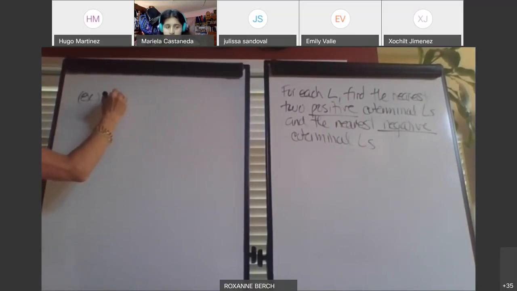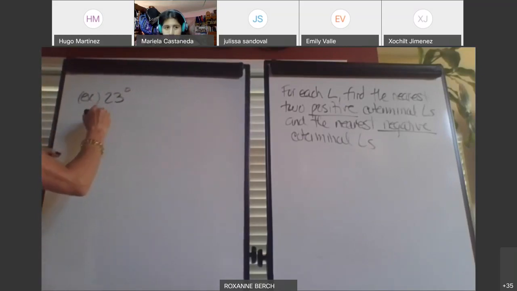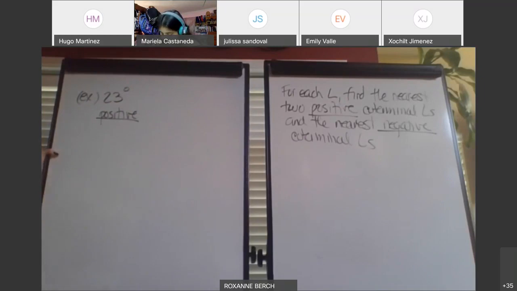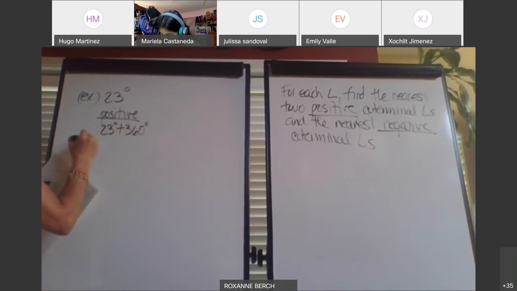If you have 23 degrees, I'll just do one of each and then I'll be done with the lesson. 23 degrees, and you want the nearest positive coterminal angles, you just add 360, right? So you just take 23 degrees plus 360, which is what, 383? Done.